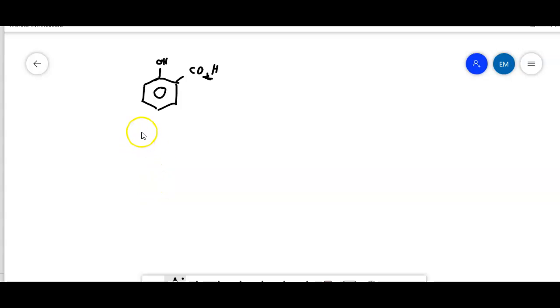Well, this is common. This is where common names are nice. Salicylic acid, and then erase this.